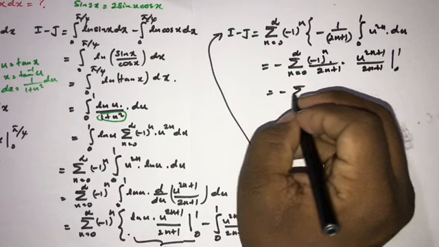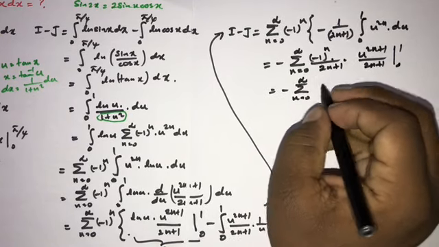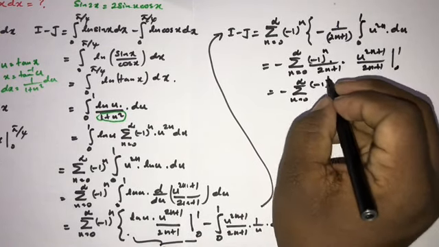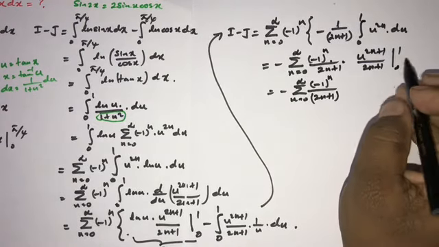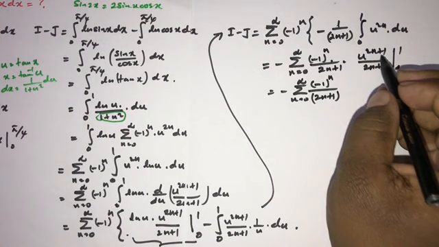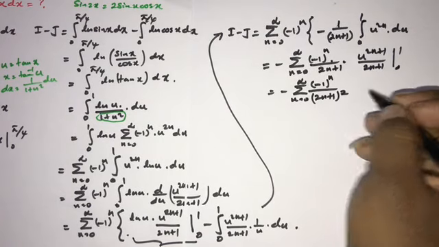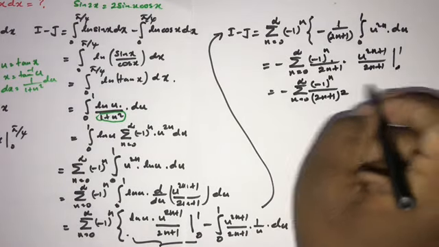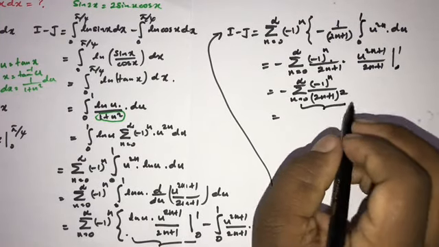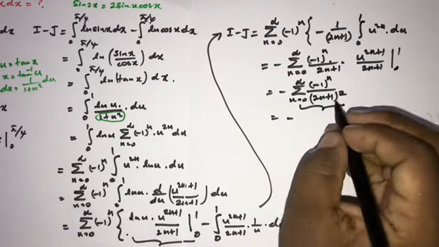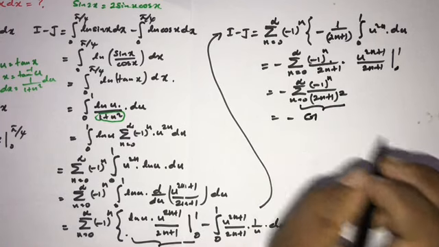Okay, now infinite sum 0 to infinity minus 1 to the n power 2n plus 1. Now here if we plug in 1, we know 1 over 2n plus 1, so this is 2n plus 1 square. If we plug in 0, this is equal to 0. Okay, now this is familiar with us because we know this is equal to Catalan's constant, so minus g.